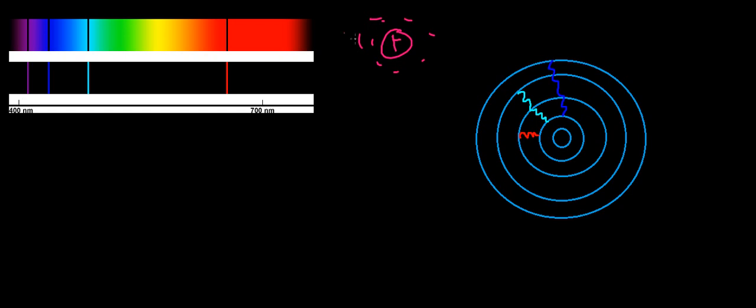So a guy named Bohr came along and changed the idea of the atomic model. He set it up where the nucleus was still the center, but instead of having all these electrons just orbiting around randomly, he said that the electrons only inhabit particular orbitals.